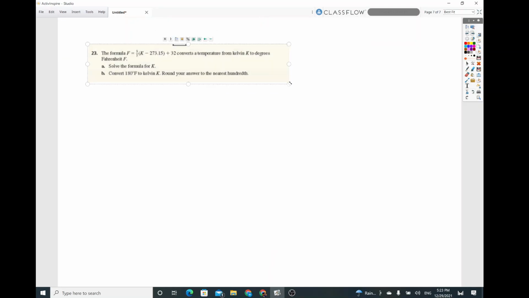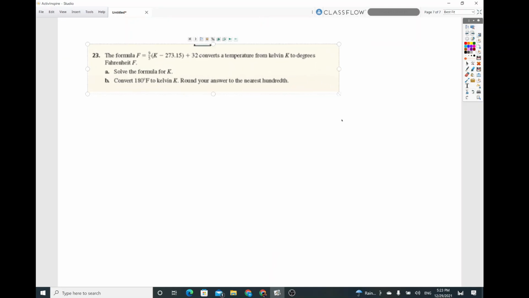Here's the formula: F equals 9 over 5 times the quantity K minus 273.15, plus 32. Solve for K. Let me rewrite it, using a different color for K because that's the variable we want to isolate: F equals 9/5 times K minus 273.15, plus 32.